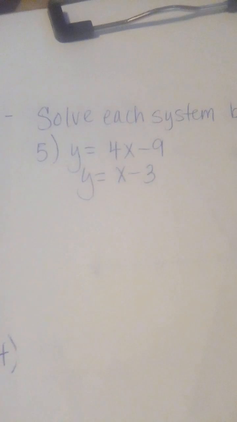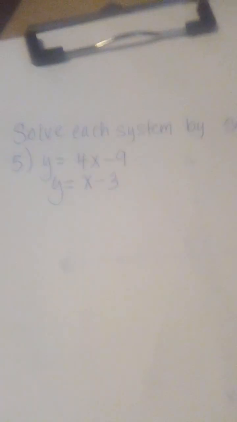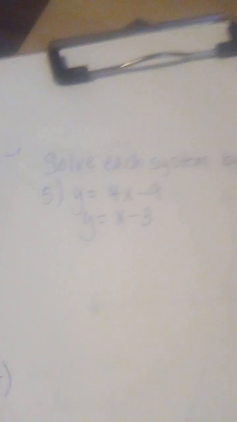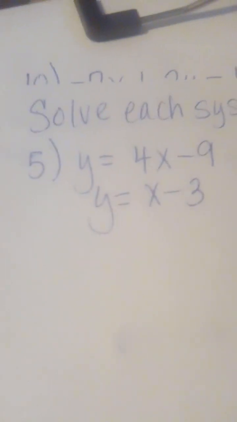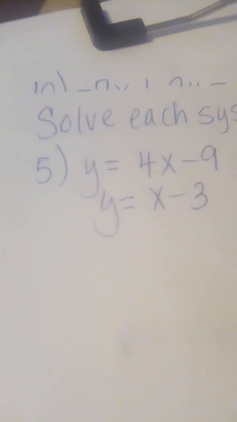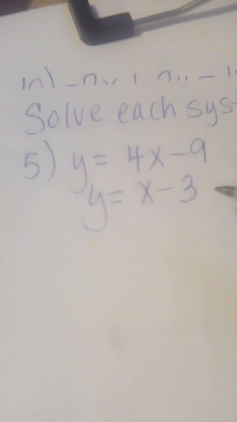So we have number 5, y equals 4x minus 9, and then y equals x minus 3. All right. So we have two separate equations.